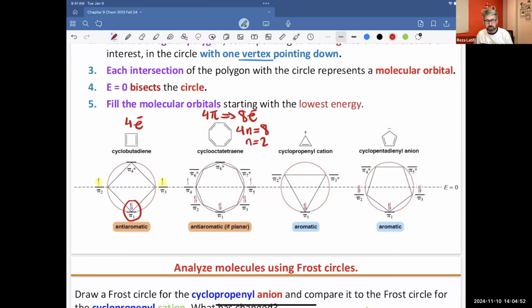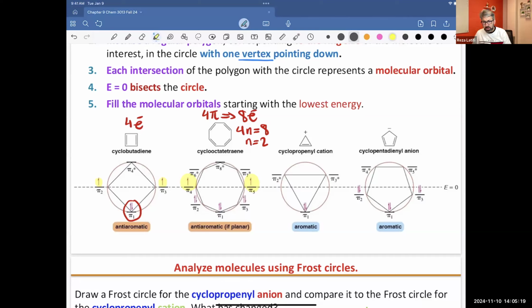And so we are following Huckel rules. It's cyclic, and we have a p orbital on each carbon atom. Now, when I draw the Frost diagram, I can see that I have 1 electron inside pi 4 and pi 5. And because I have singly occupied orbitals, this system will be anti-aromatic.